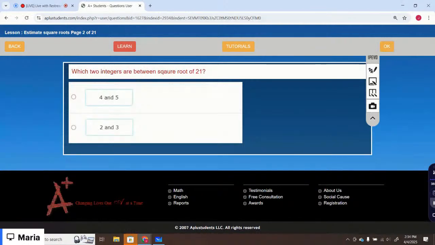Which two integers is the square root of 21 between?